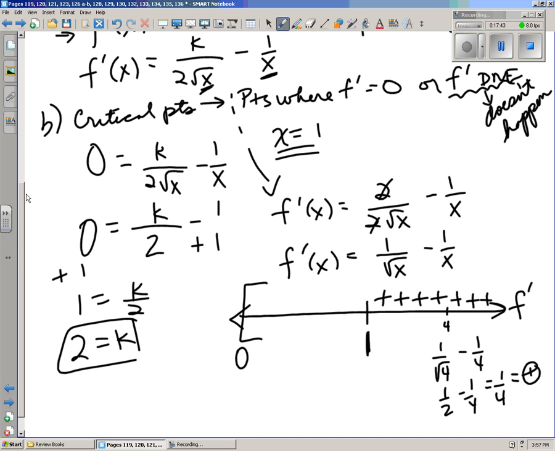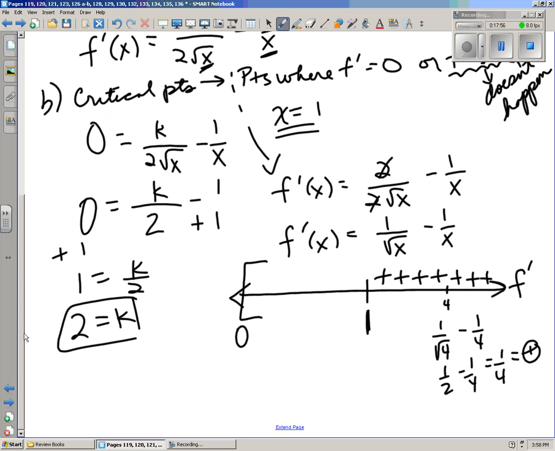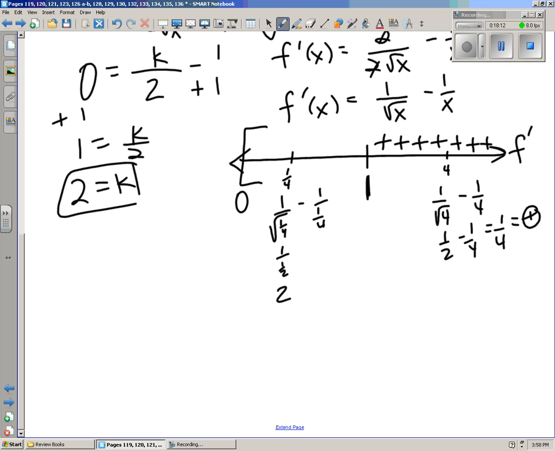Now picking a number to the left of 1 is a little tricky, but if you take a quarter, it'll be a little easier because a quarter is a perfect square. It would be 1 over square root of a quarter minus 1 over a quarter. 1 over square root of a quarter is 1 over a half, which is 2, and 1 over a quarter is 4.